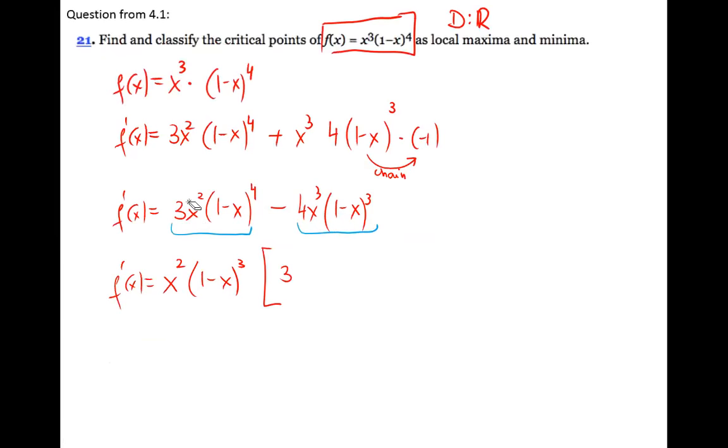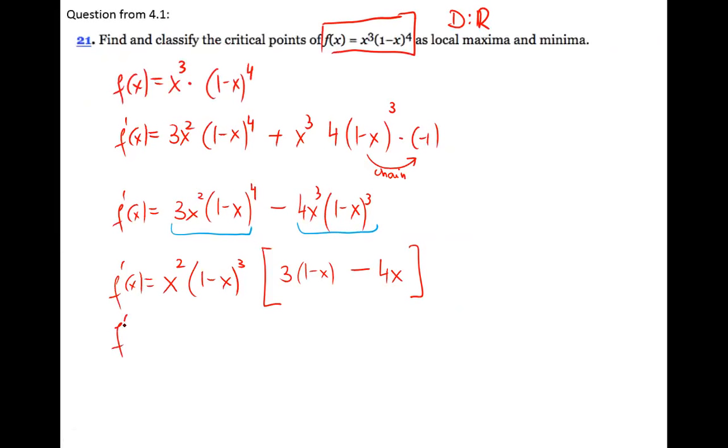Looking at the first term, I took away x squared and 1 minus x cubed only. That means 1 minus x to the power of 1 stays, and 3. Minus. Looking at the second term, I didn't take away 4. I took away from x cubed just x squared, so x stays. And I took away everything of that 1 minus x cubed.